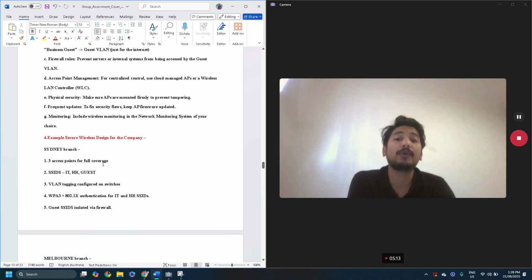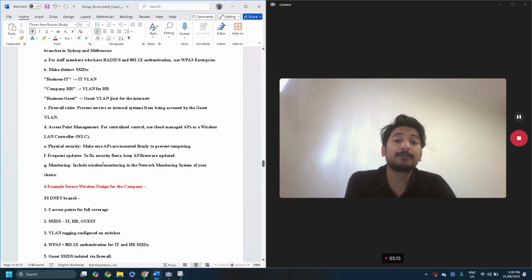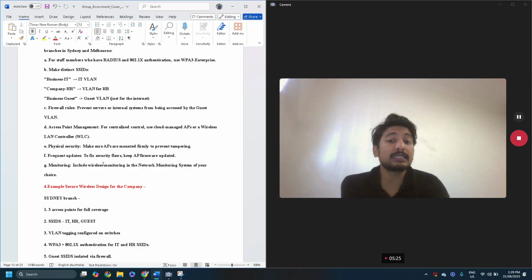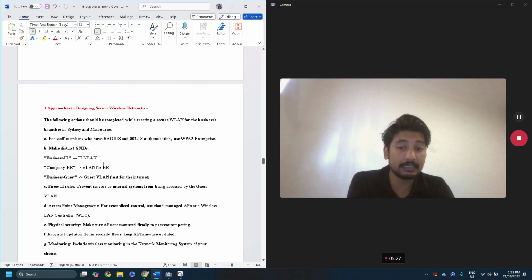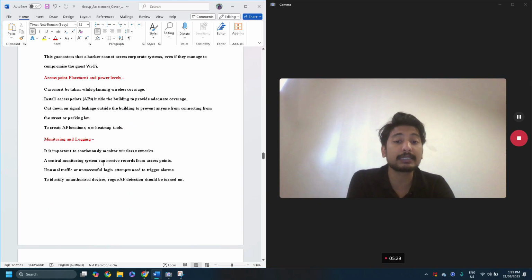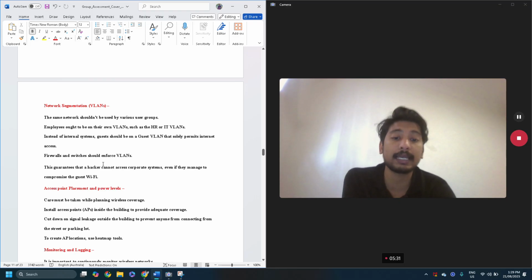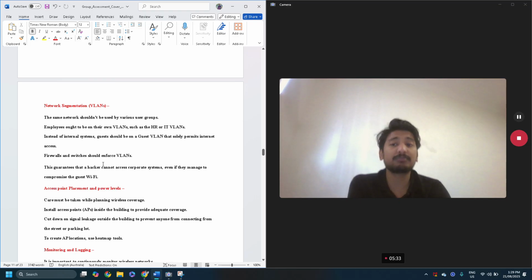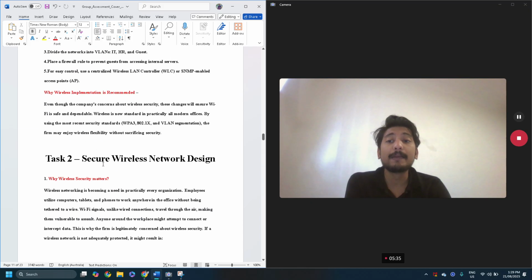My first point is that wireless is flexible but risky since signals travel in the air. The risks are data theft, unauthorized packet sniffing, DoS attacks, and that kind of thing.